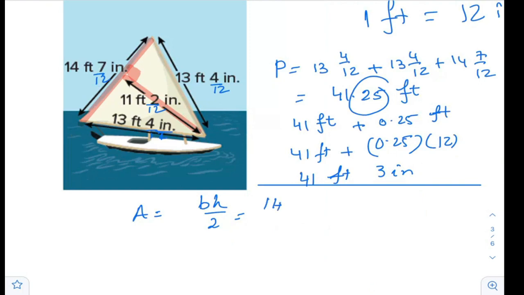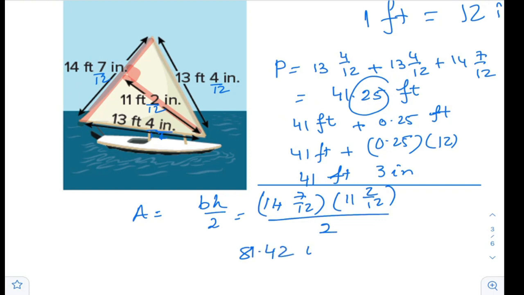So you will use 14 and 7/12 times 11 and 2/12 over 2. And this also can be done using the calculator. Shift fraction 14 and 7/12 times shift another time 11 over 6 over 2, and the answer is 81.42 feet squared.